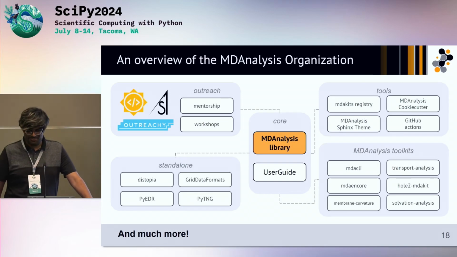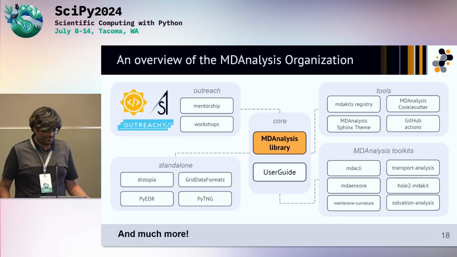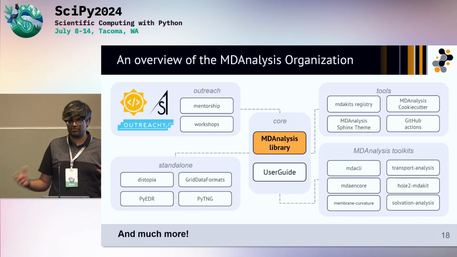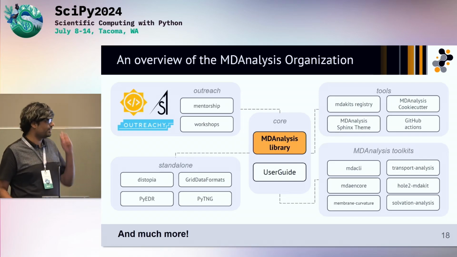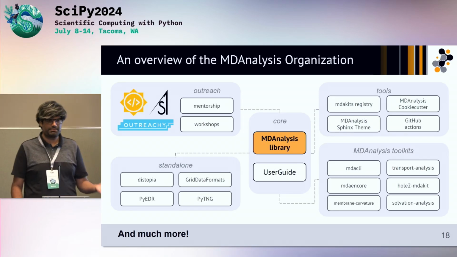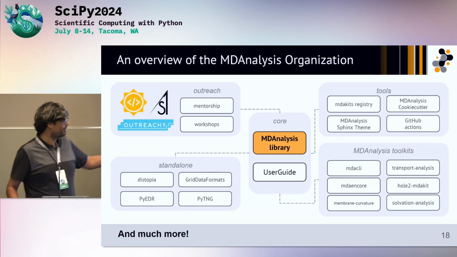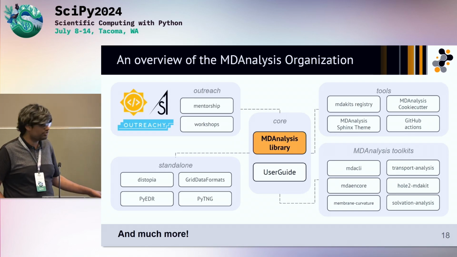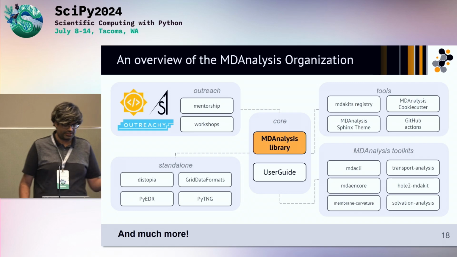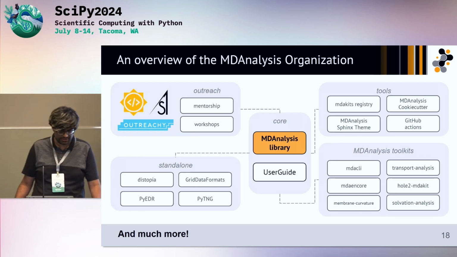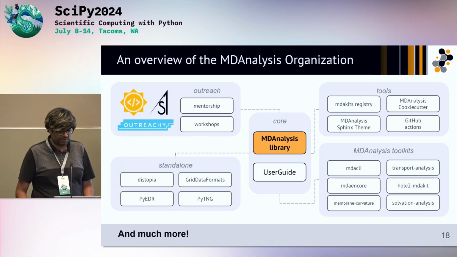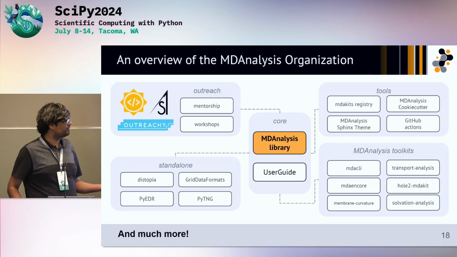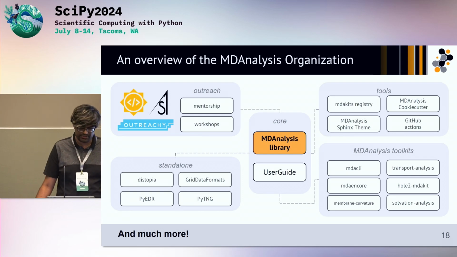So that's a very brief tour of the MDAnalysis library. But the library isn't the whole of MDAnalysis. We have a wider organization. At the core, we have the library and our user guide. We then also have standalone packages, for example Distopia, which I'll talk about, for fast distance calculations, and ways in which to handle grid data. We also have tools, such as reusable GitHub Actions and our Sphinx team.